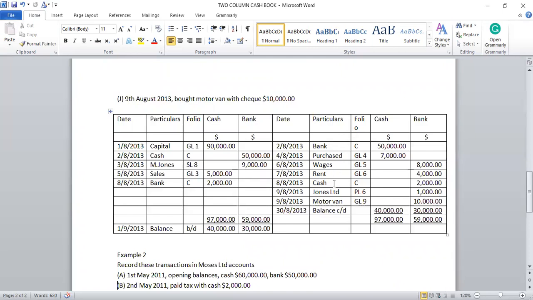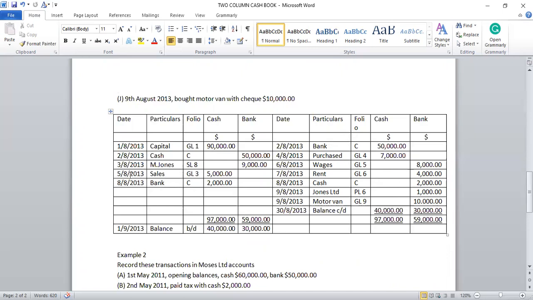Particulars is cash, because cash is being withdrawn from the bank. So the bank account will be credited. So it's cash. That's where the corresponding entry can be found. And the folio is C because it's a contra entry, a transaction between the cash account and the bank account, and the bank account is being credited with $2,000.